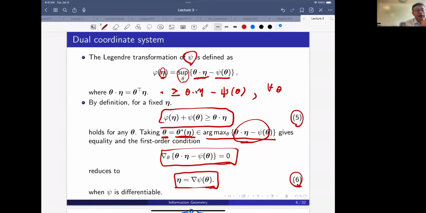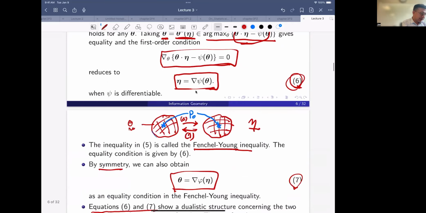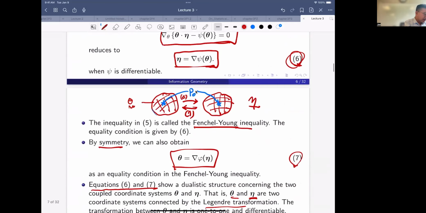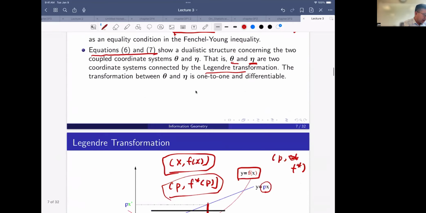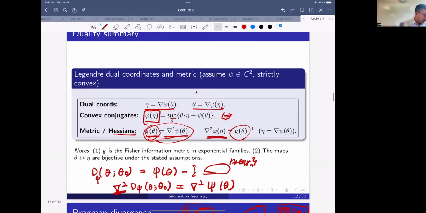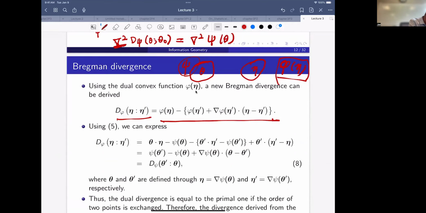Equation 5 has an inequality, and this inequality holds for any combination of eta and zeta. But if we choose eta to satisfy the functional relationship, 6 and 7, this boundary condition, then we have an equality. So this is basically the equality situation.